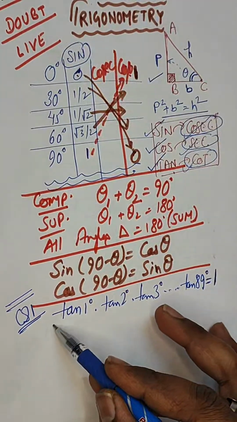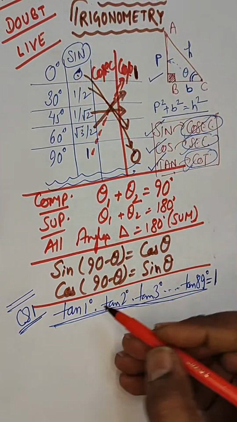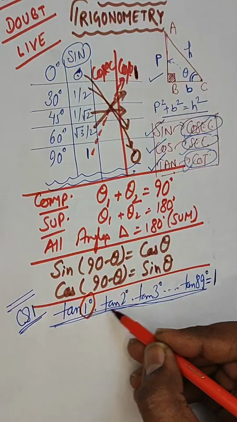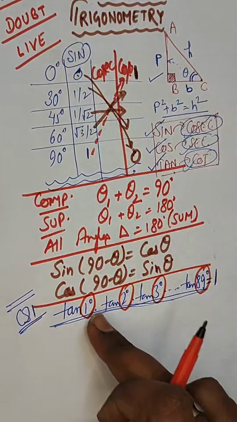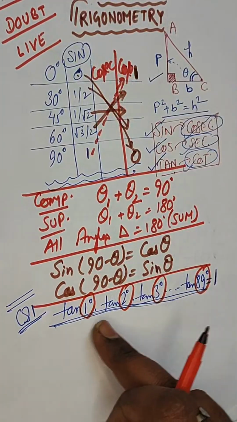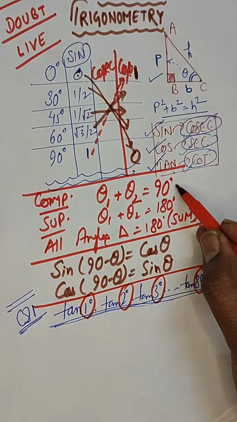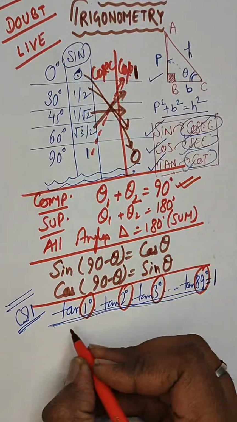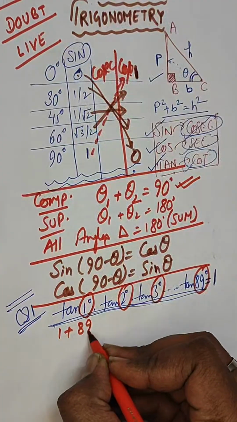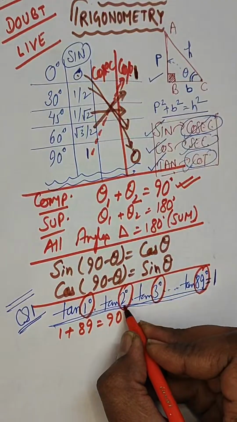If such questions are coming to you, you can see the angles are changing with value 1 degree, 2 degree, 3 degree until 89. So you are just making a pair of these angles, and we will be using the concept of complementary angles. How? Because we know that 1 plus 89 is 90.